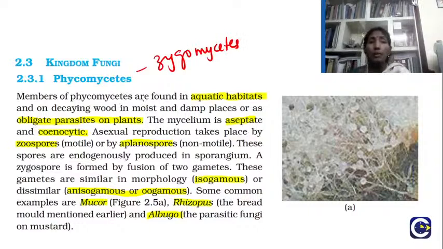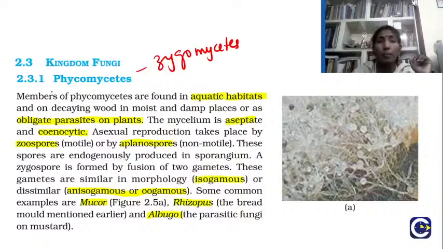Members of the Phycomycetes are found in aquatic habitats. They decay the wood in moist and damp places, or they are obligate parasites on plants. The mycelium, the body with hyphae, is aseptate and cenocytic.